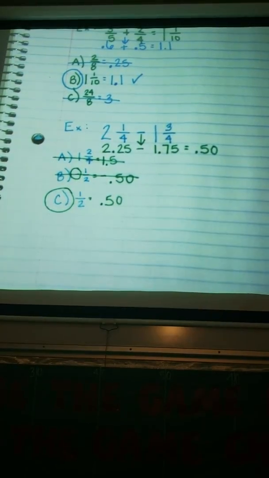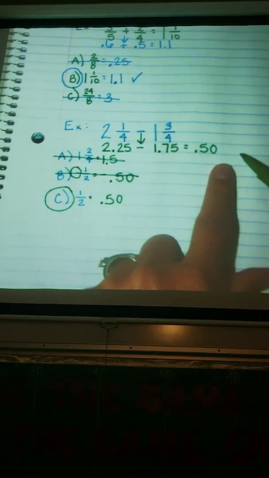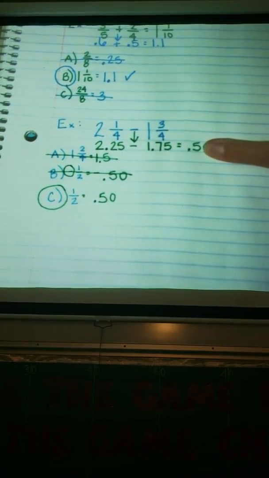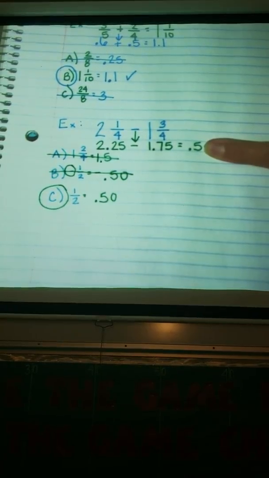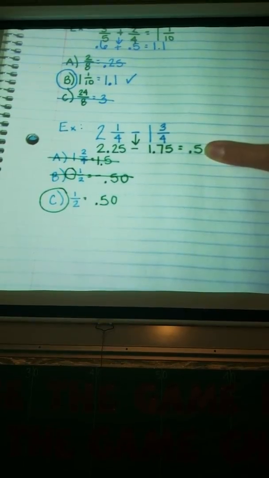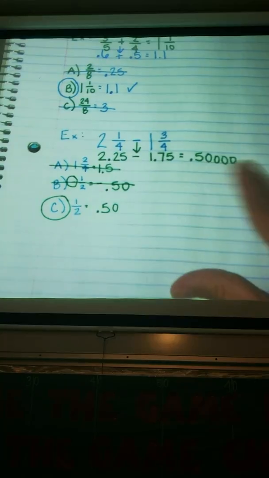And you may say, whoa, Ms. Buck, you started adding zeros at the end there. That's okay. I can add as many zeros as I want. The zeros at the end don't change the value of 0.5, as long as that part matches. Now this is only after a decimal and the last number. You can add as many zeros as you want.